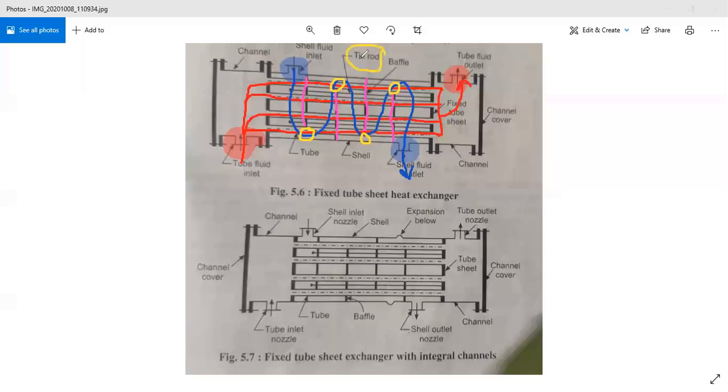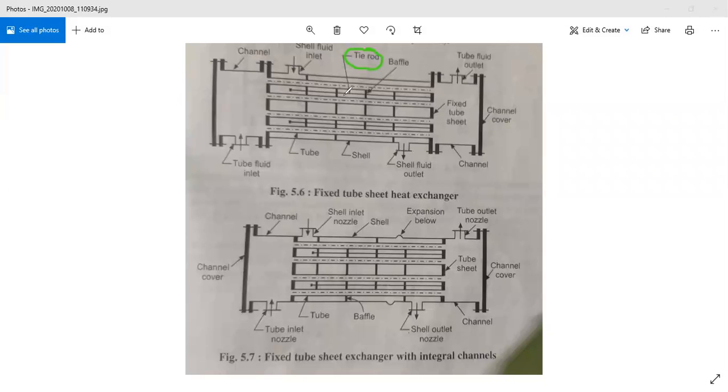So these tie rods are incorporated in the shell and tube heat exchanger to support the tubes, because if the number of tubes is large or if the length of the tube is long, then these tubes may change their shapes, because normally we are using straight tubes or U tubes.